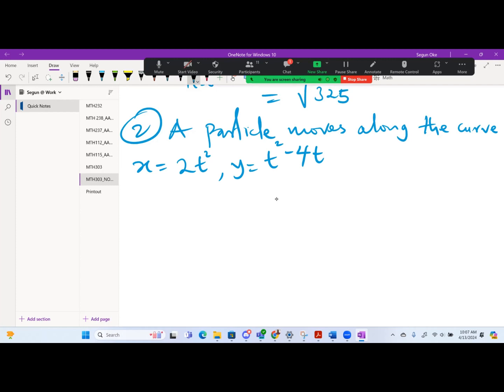And z equals 3t minus 5, where t is the time.